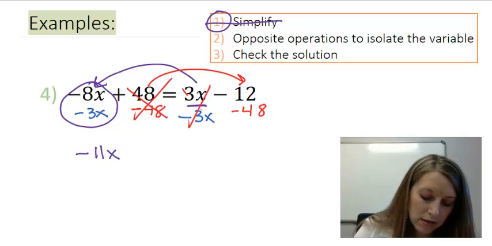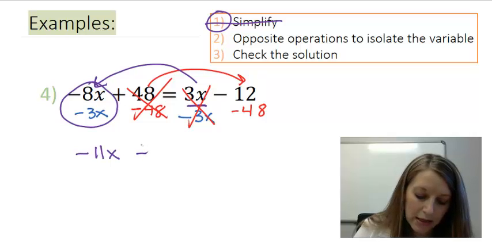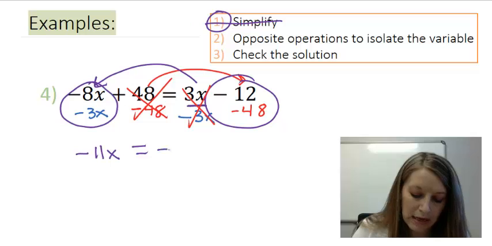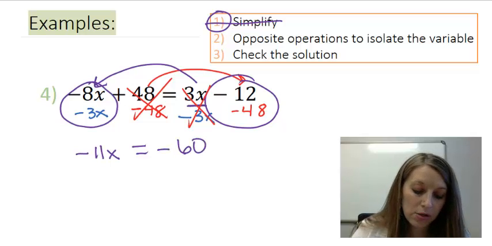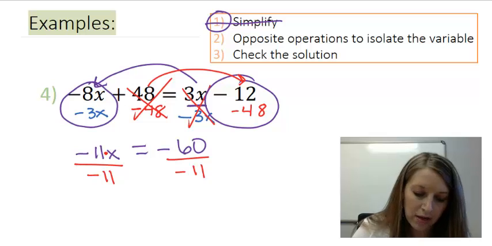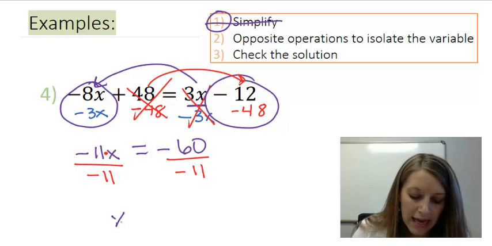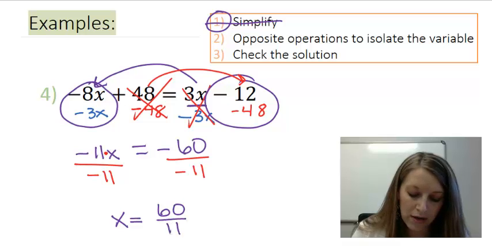Cancels out the 48. And so negative 12 minus 48 gives me negative 60. Now, to isolate my x variable, my opposite operation is to divide by a negative 11. So I'm left with x is equal to positive 60 over 11.